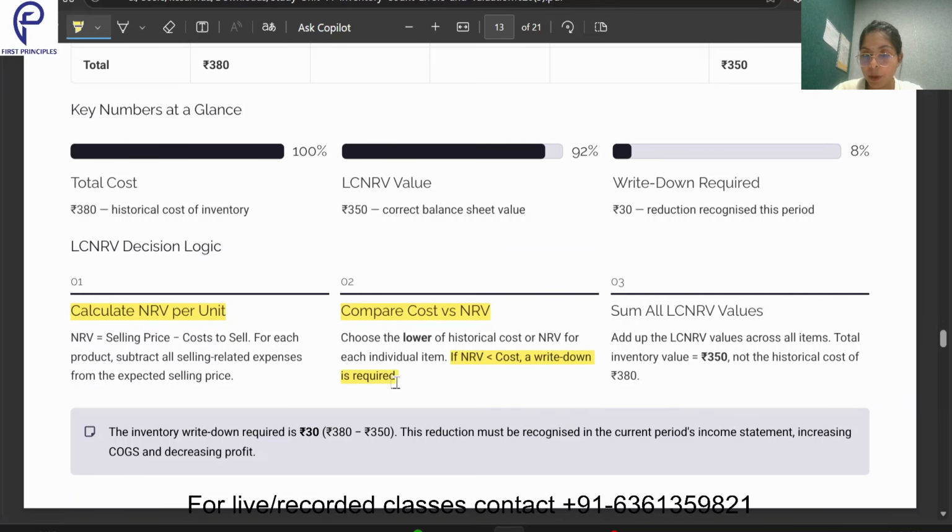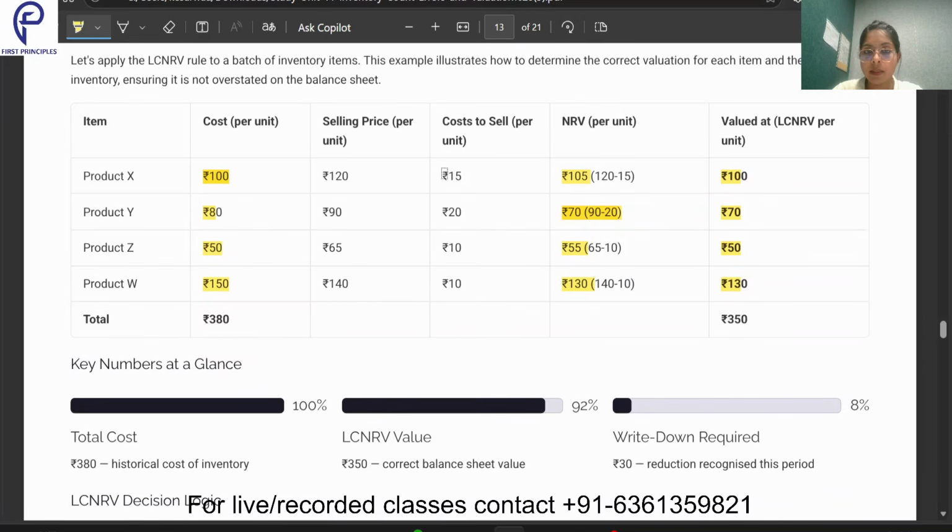Very, very important, guys. Suppose in which case is NRV lower? In this case, for product Y, NRV is lower than cost. So in this case, we have to write down the value of the inventory. We have to record a loss in the value of the inventory. Then in which other case? In case of product W also, the NRV is lower than the cost.